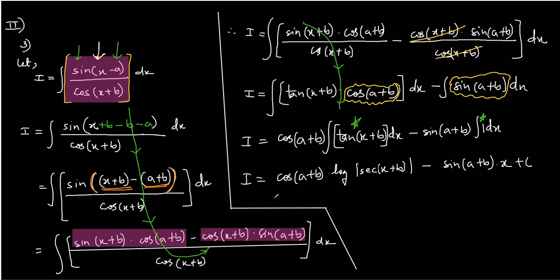So jokingly, some people say that in an integration problem there is only 5% of integration happening. The rest is all trigonometry or any other thing which we come across. You can check, the actual integration takes place only at this place.